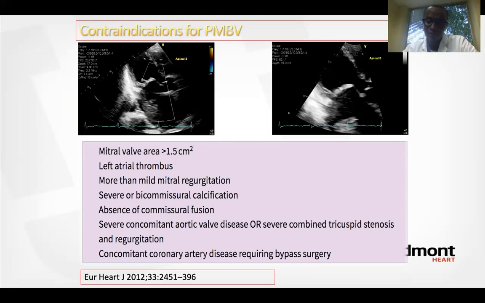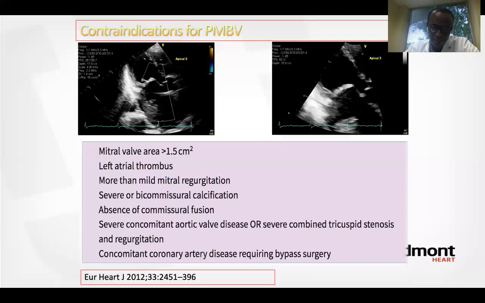We in interventional cardiology were requested to see her for consideration of balloon mitral valvuloplasty, but when we did follow-up echocardiography, we detected this large left atrial clot. So she underwent surgical valve replacement and clot removal, and also left atrial appendage ligation and the Maze procedure for her atrial fibrillation.